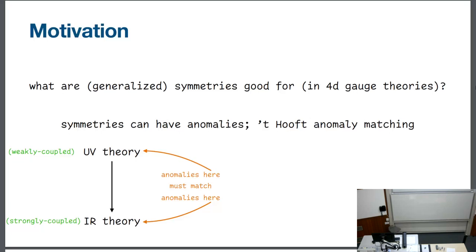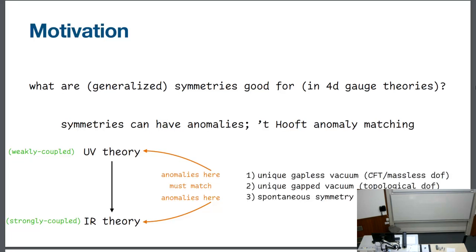That IR may be some strongly coupled thing with a whole bunch of fun features, confinement, dynamical symmetry breaking, whatever you think of. The anomalies of this thing, which is complicated, must match the anomalies of this thing where everything is weakly coupled and you can do a computation. So one of the things that symmetries buy you is that some complicated theory must have a certain behavior.